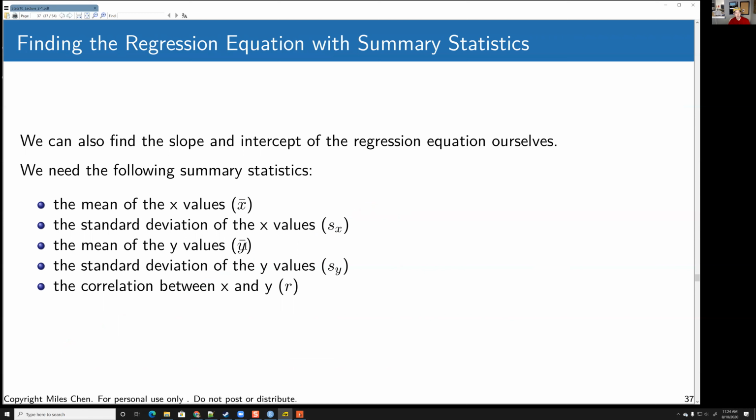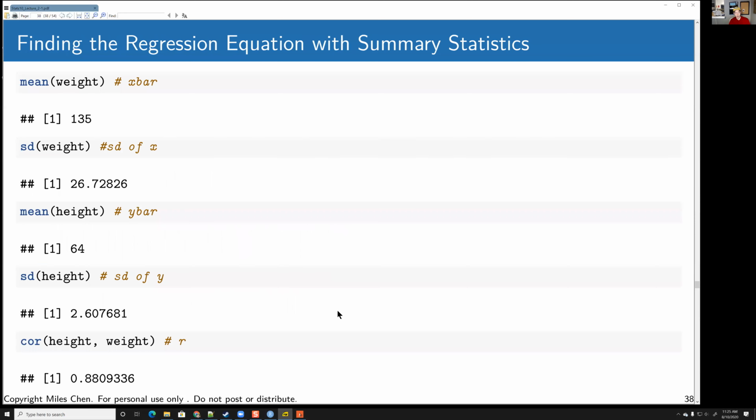You'll need the mean of the y values, y bar, and the standard deviation of the y values, s sub y, and the correlation between x and y, which is the value r. These can be combined to find the slope and intercept. Here I've found all of these things.